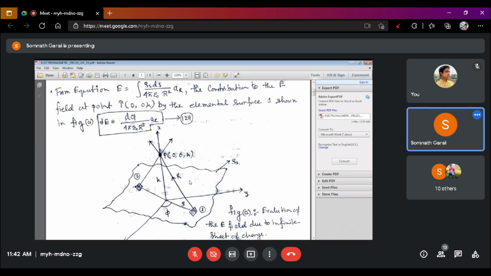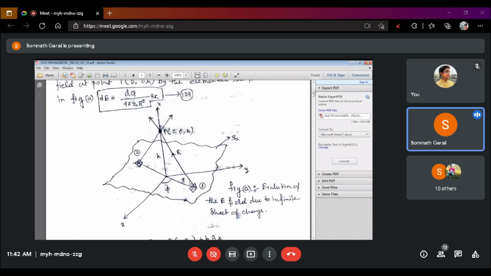Okay. Now just you see this figure very carefully. Okay, this differential area 1, which is situated from rho distance, and this is the vector r. This is the vector r. So first we have to calculate the equation of the vector r.